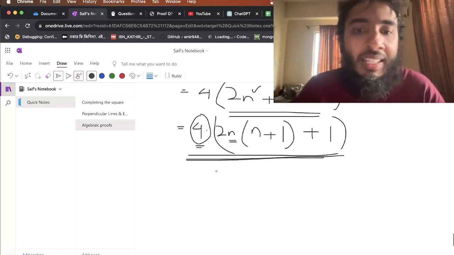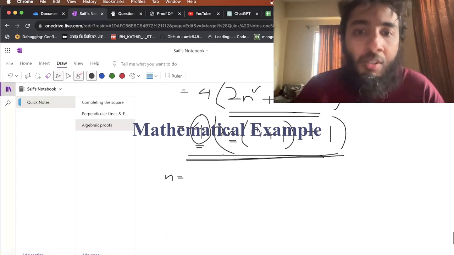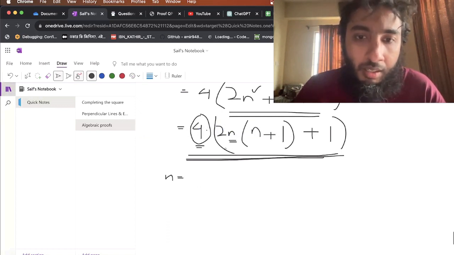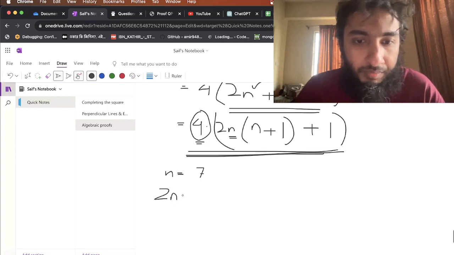So let's use an example. Let's say n is a positive number, any number, let's say 7. So twice n is 14.